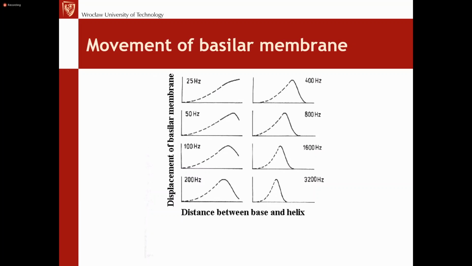So for lower frequencies, the maximum of displacement is observed at the top of the cochlea, while for the higher frequencies, the maximum displacement is observed near the oval window or near the base of the stapes.